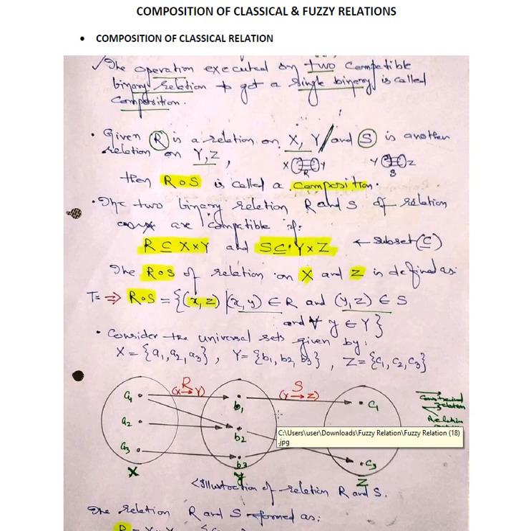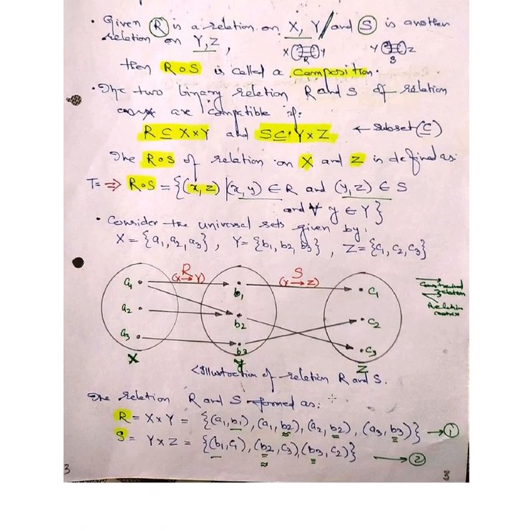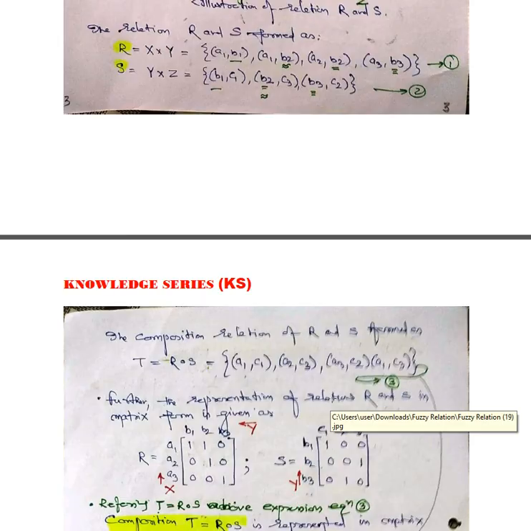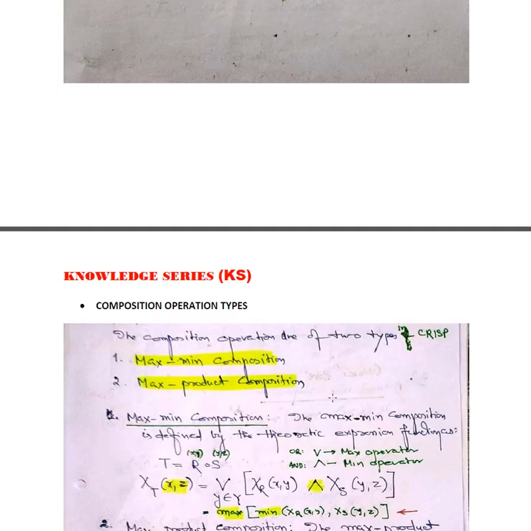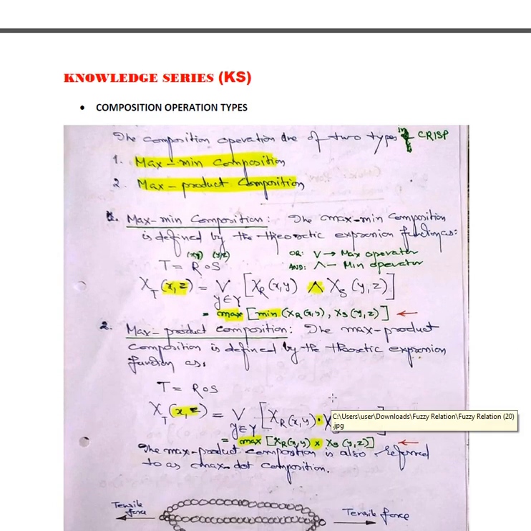So based on these discussions, we go further and look at another point of discussion with respect to composition operations. When we take composition operations into consideration, you have to understand them in terms of two conditions.